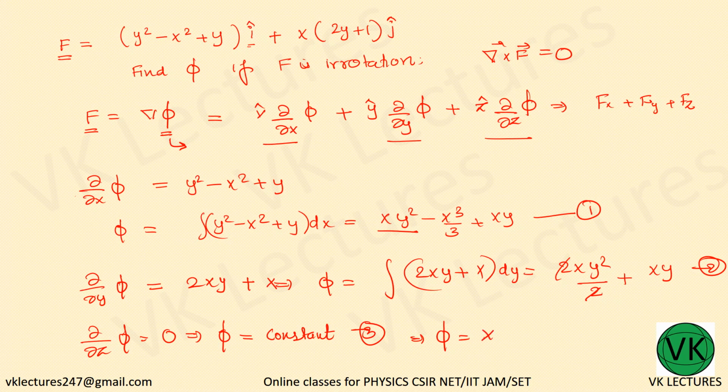So xy square once, minus x cube by 3, plus xy, and one constant c. So phi is equal to this much.